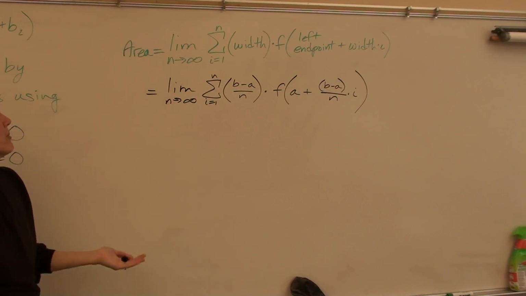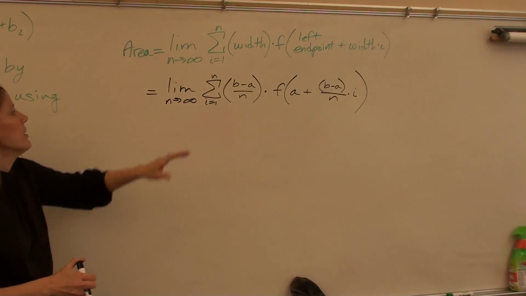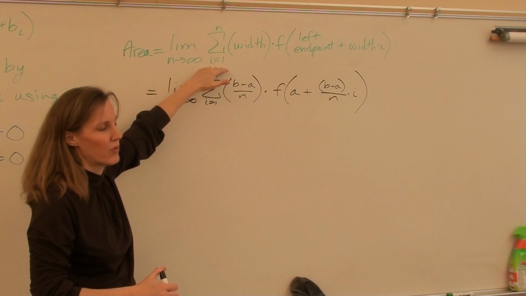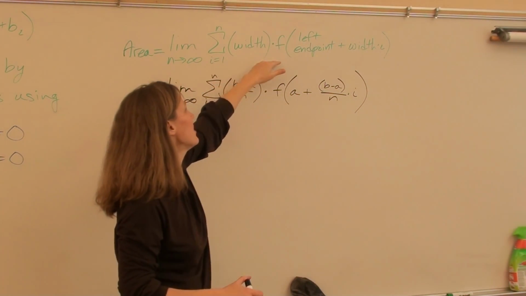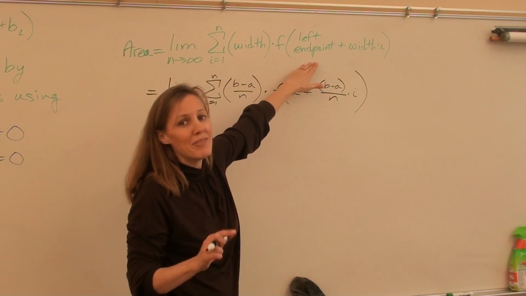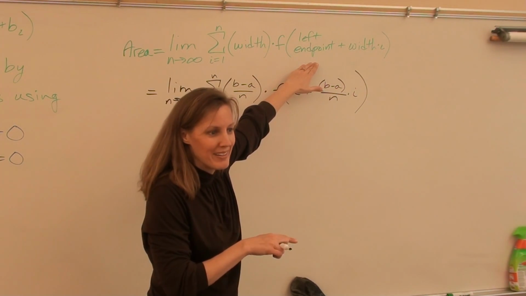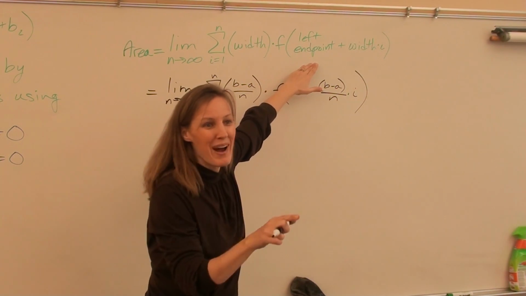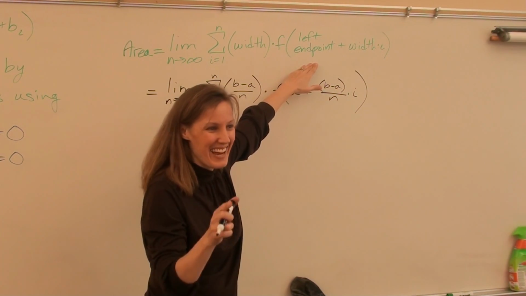Now, how do I remember the formula? The limit as n approaches infinity, I just memorize. Sum as I goes from 1 to n, I memorize. Of width times f of, there's a rhythm. Left endpoint plus width times I. It's just like f prime g plus f g prime, right? It's the same rhythm.